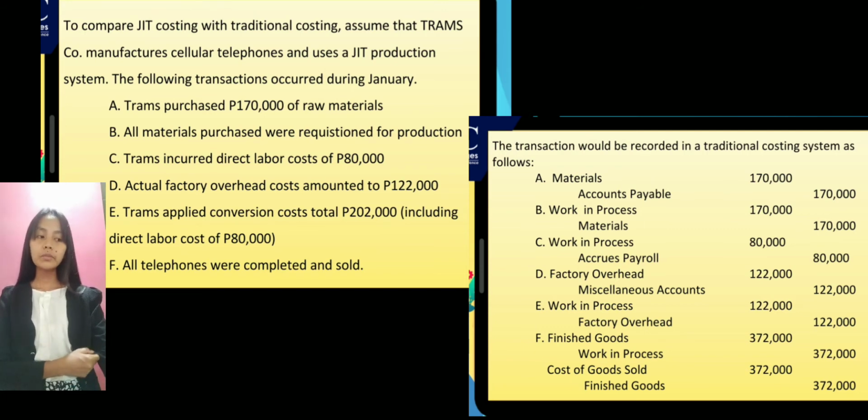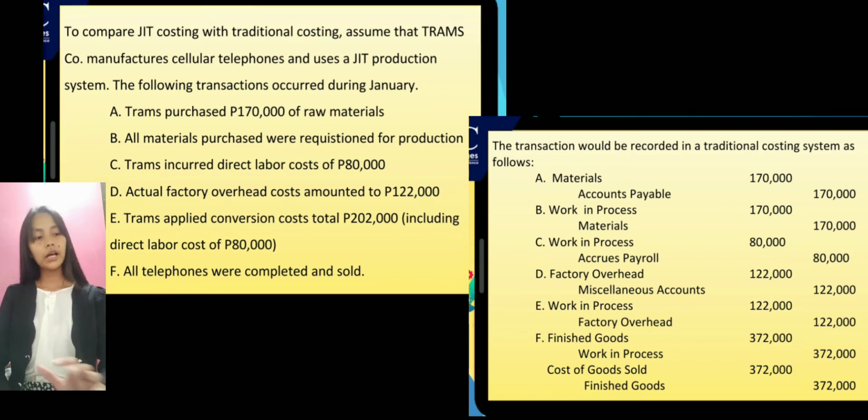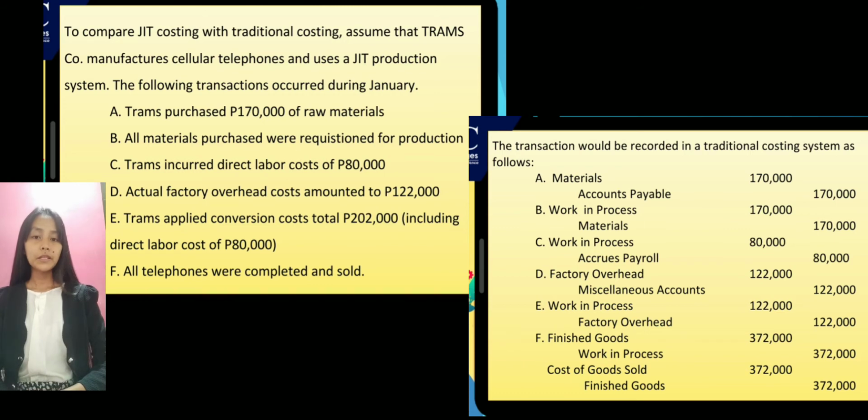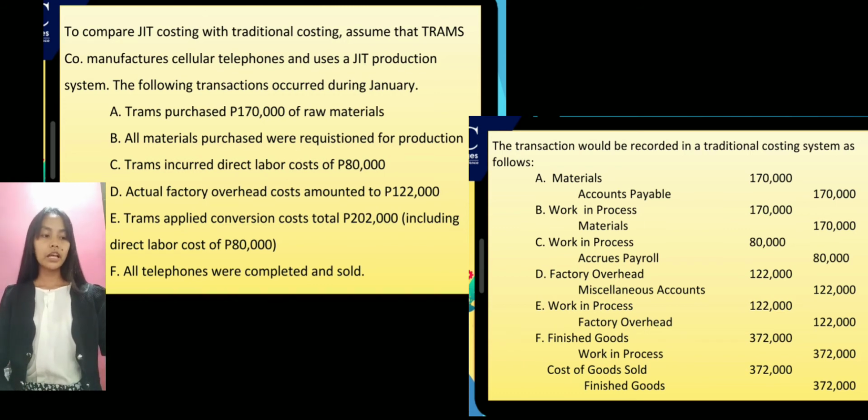So, we are going to make 2 transactions here since we have completed and sold. So, the first one, yung sa pagkumpleto ng telephones.